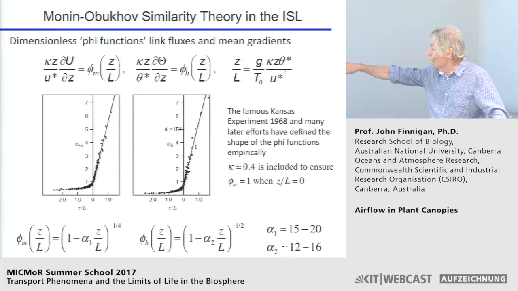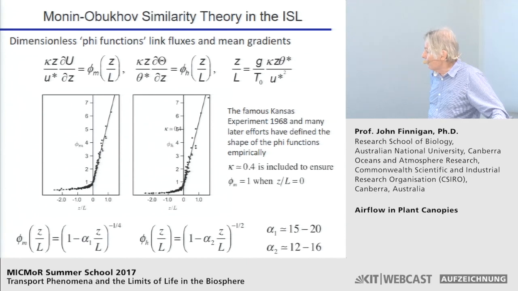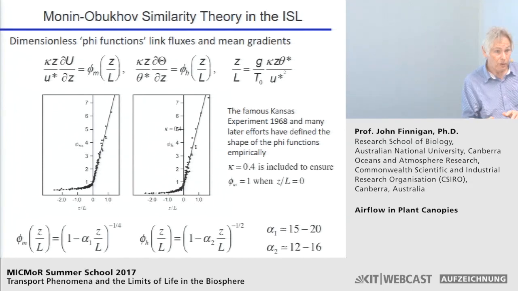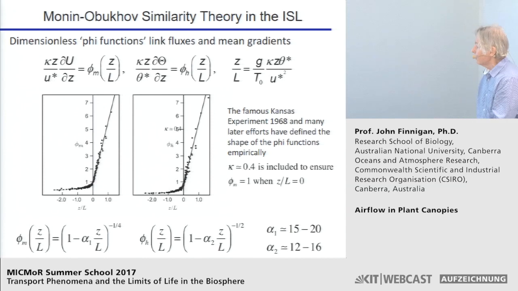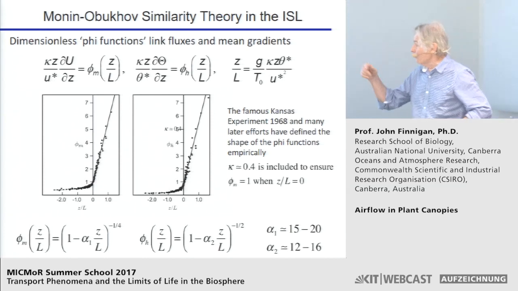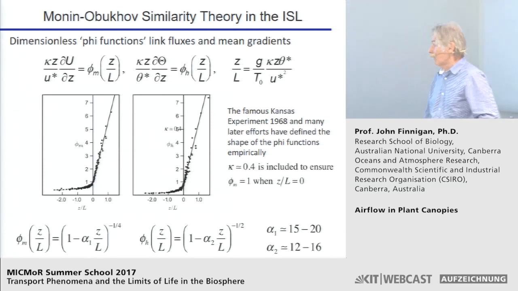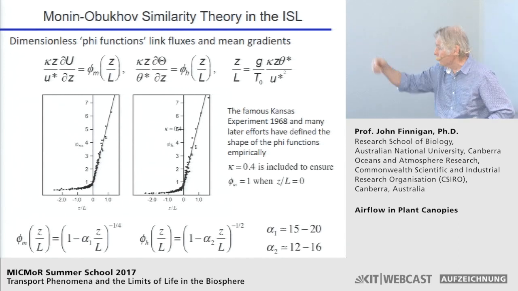But they have that form: the phi function for momentum on the unstable side, that's to the left of the line, Z upon L is like the Richardson number. If it's negative, it means that buoyancy is adding to the shear turbulence. If it's positive, buoyancy is suppressing the shear turbulence. On the unstable side, it goes like (1 minus alpha 1 Z/L) to the minus a quarter, that funny shape.